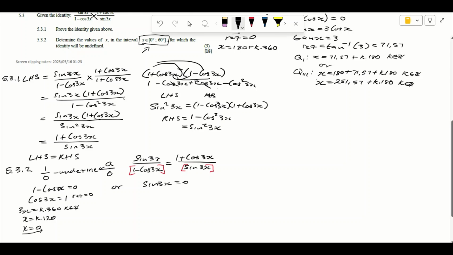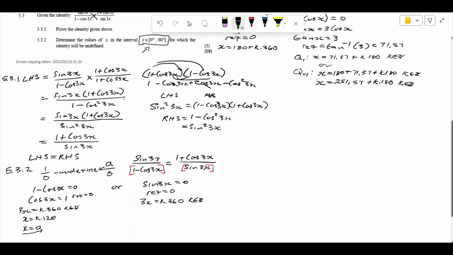Fine. We go here. Reference angle here is still 0. 3x is equal to k times 360, where k is an integer, right?